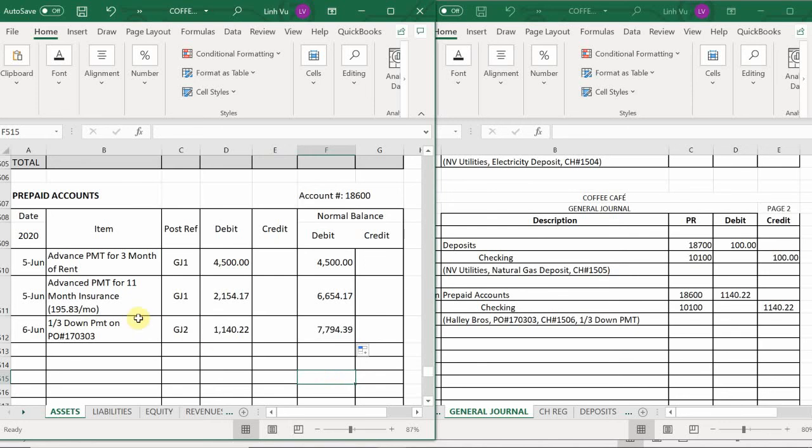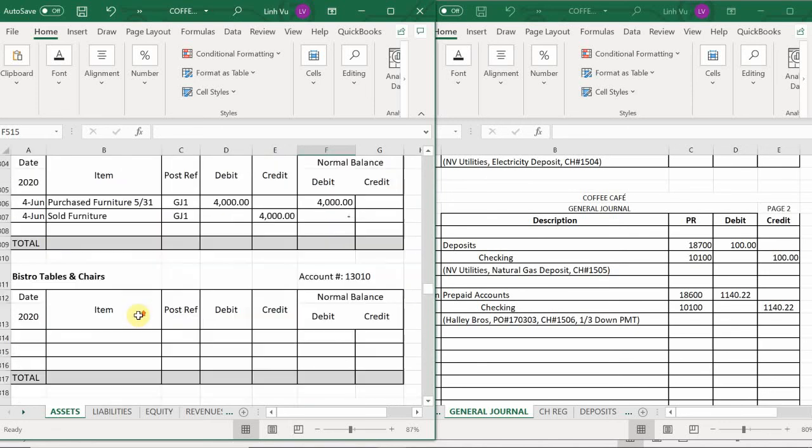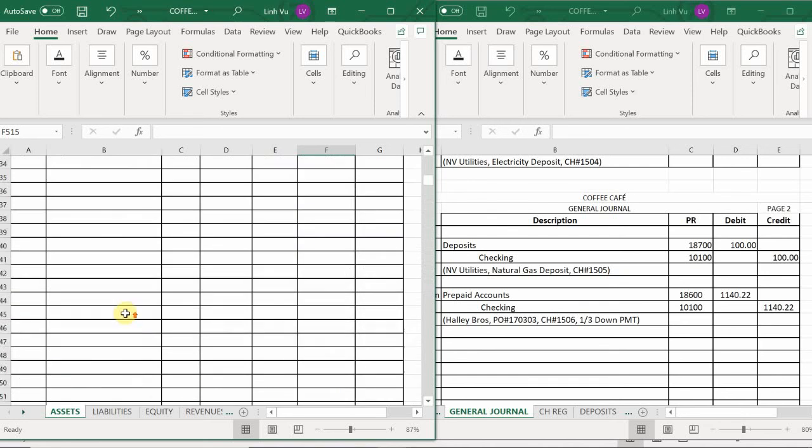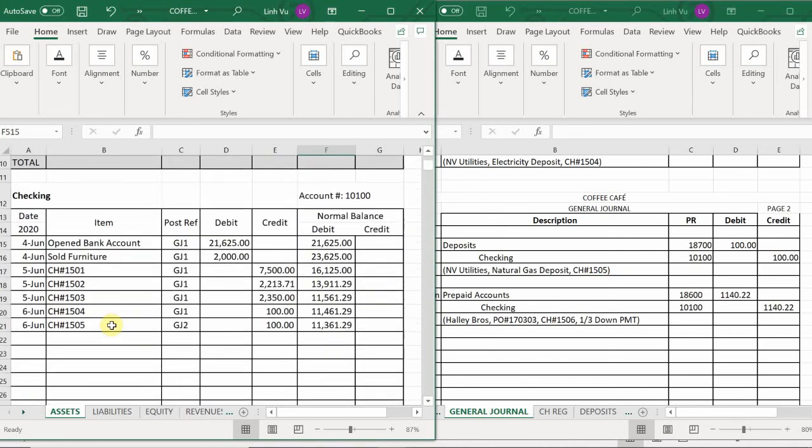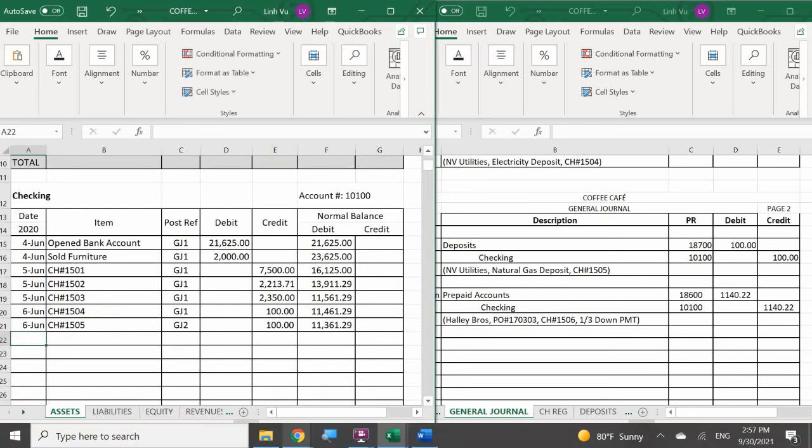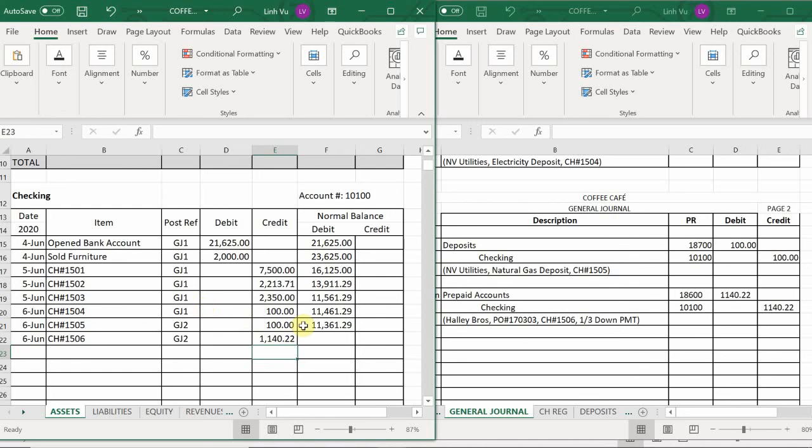And of course, we need to go up to our checking account because we wrote a check, right? So let's go ahead and take a look at this. We wrote another check for 1,506 dollars. 11,361.29 minus 1,140.22 is 10,221.07.